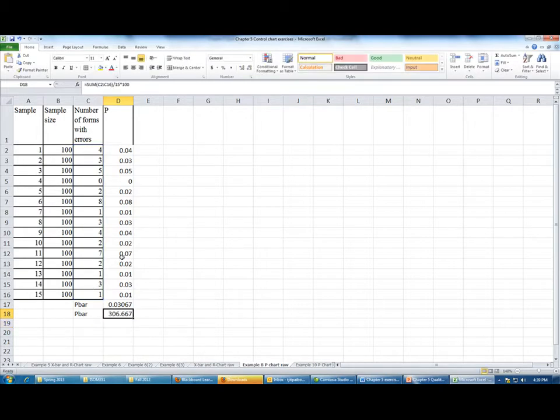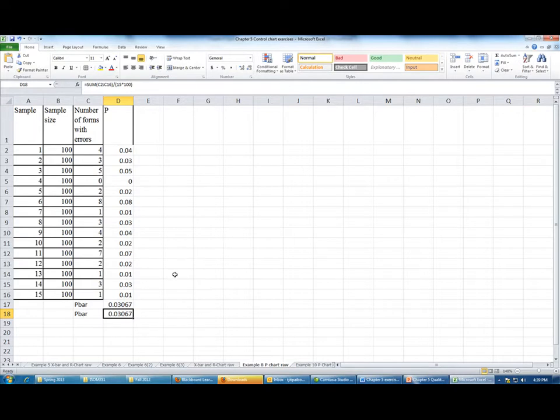So don't forget the parentheses. Okay, you can see that's the same amount. You either use total errors divided by number of samples times sample size, or you can just average P.